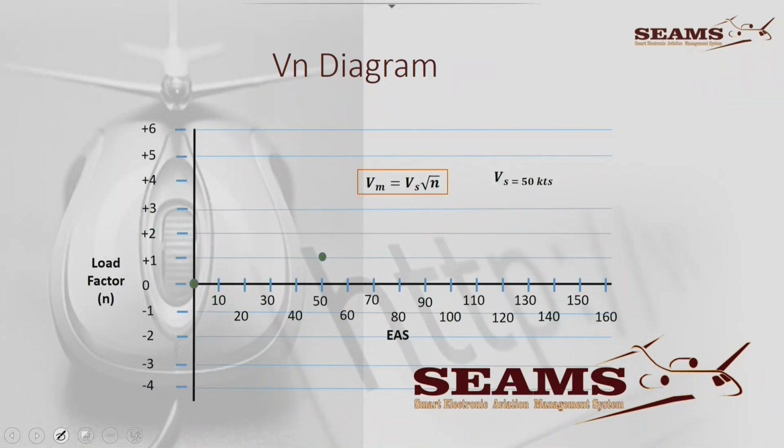Just one or two things to make sure. Vm, maneuver stalling speed, equals basic stalling speed times the square root of n. And we said in our example, the basic stalling speed is 50, and that will always be at 1. So that's the first point.